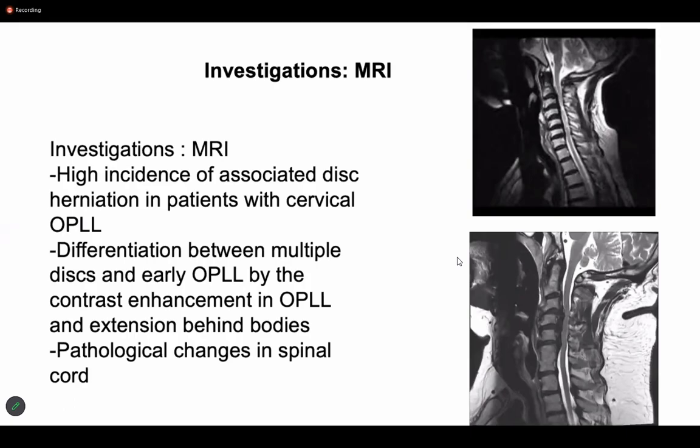MRI. The MRI can provide information regarding spinal cord structure and associated soft tissue abnormalities, and CV junctions. Here, you can see the MRI provides information associated with disc herniation, and differentiation between multiple discs and early OPLL by contrast enhancement, and can show the pathological change in the spinal cord.